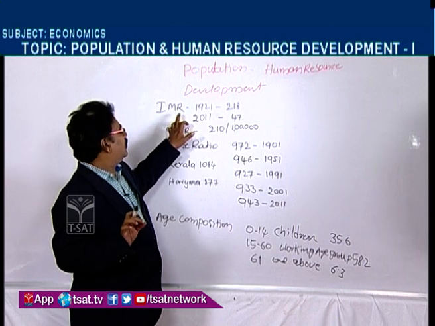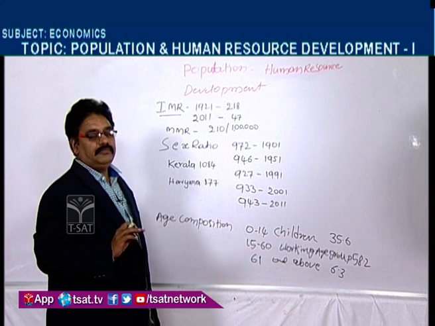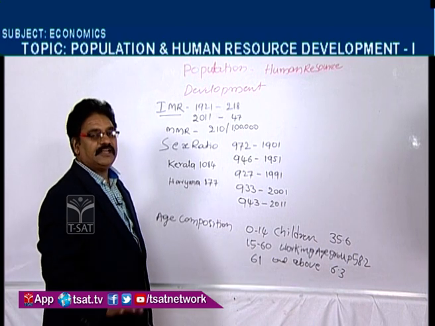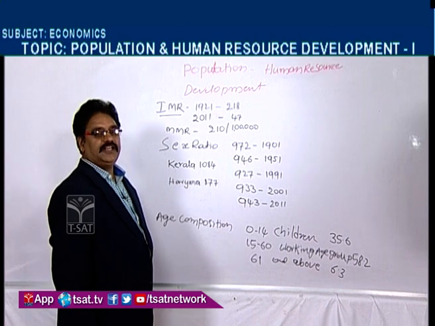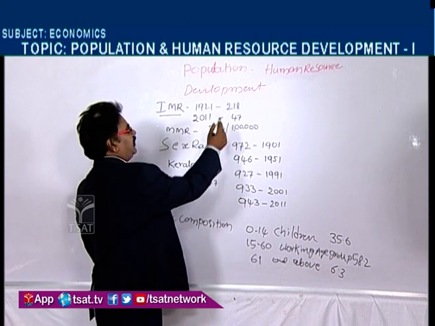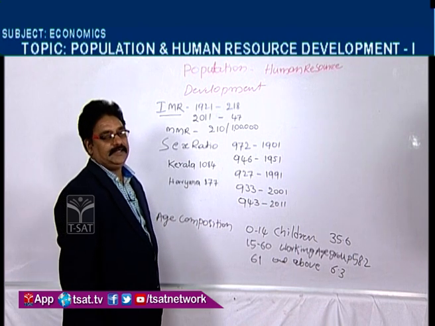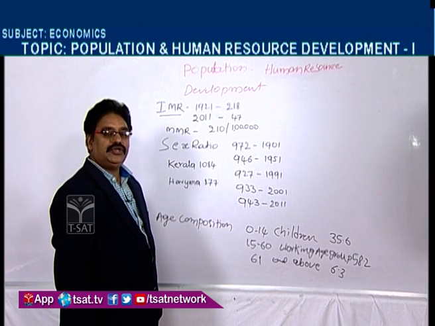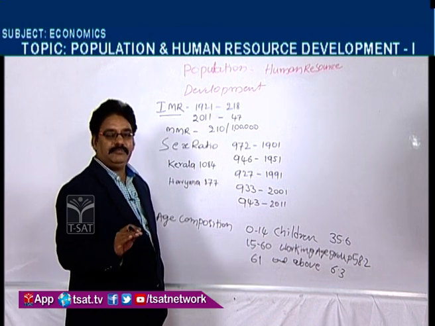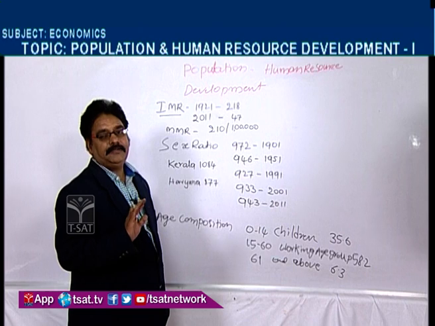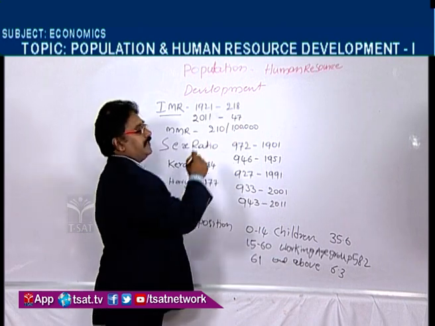That indicates the level of availability of medical facilities. During 1921, the infant mortality rate was very high, 218. For every 1,000 newborn children, 218 children were dying before attaining their first birthday.